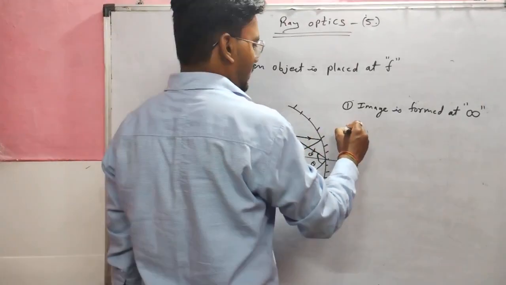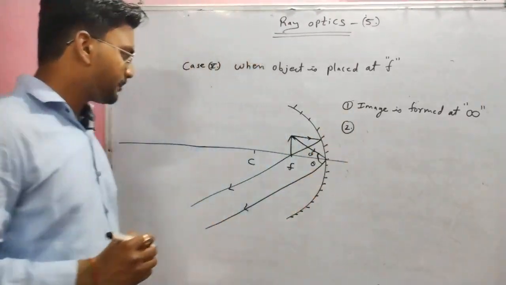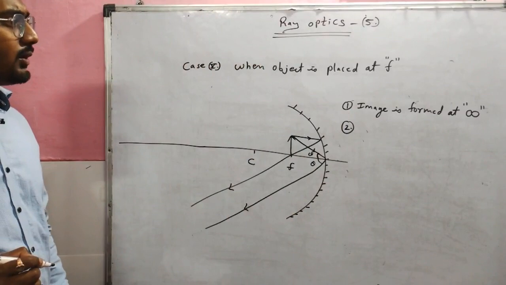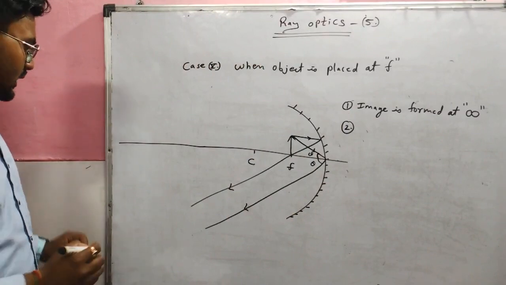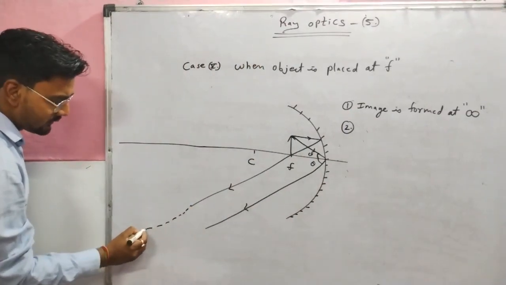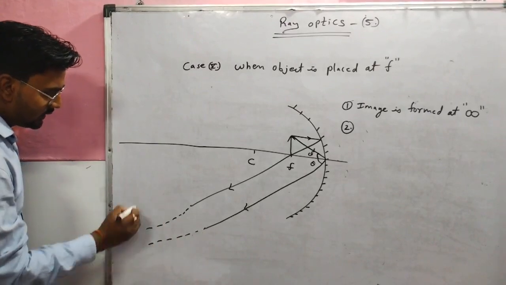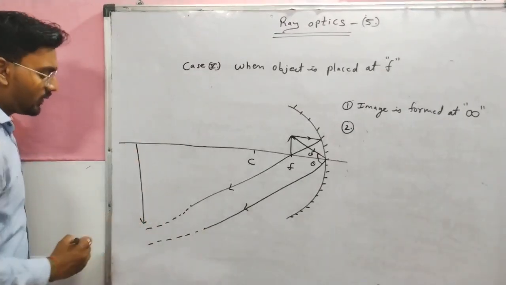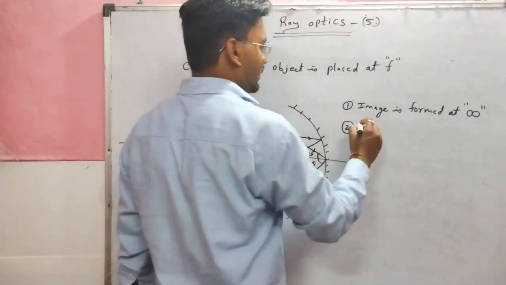Now the second point is that the image is formed at infinity, and the image formed is highly magnified.